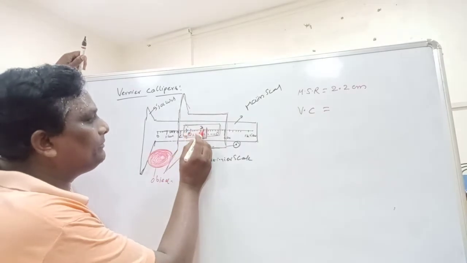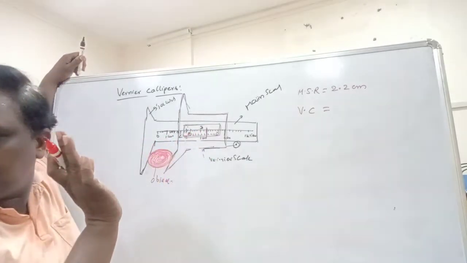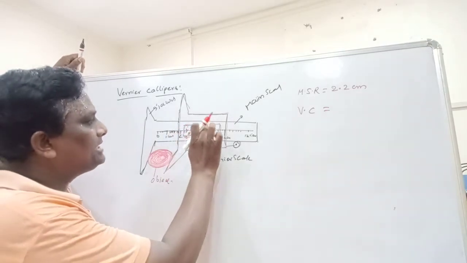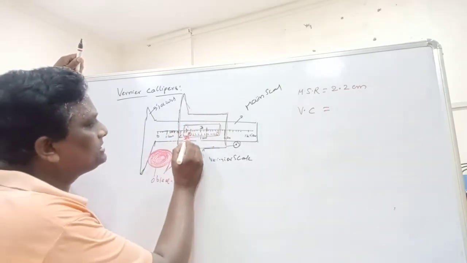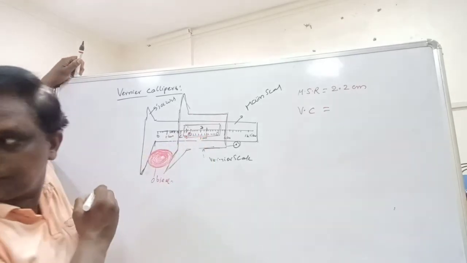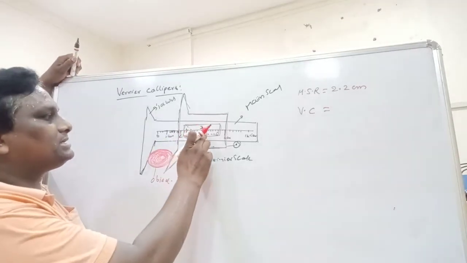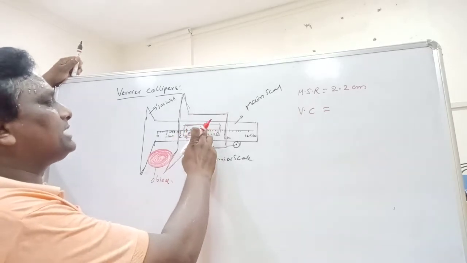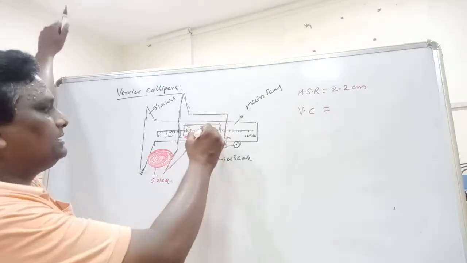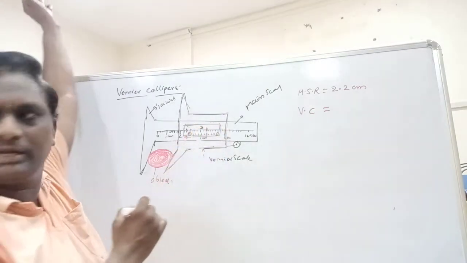So whatever the main scale division is, you don't take that. But the Vernier division is there, no? Which division coincides with the main scale division? See here, it is 0, 1, 2, 3, 4, 5, 6th. So the sixth division coincides with the main scale reading. Sixth division means this line and this line both coincide with each other.